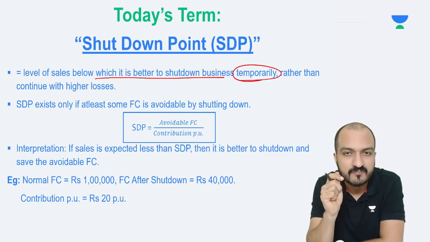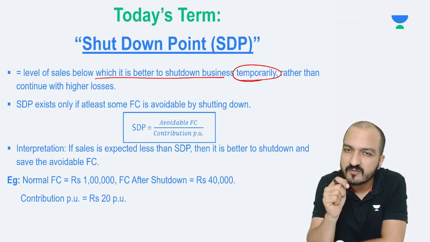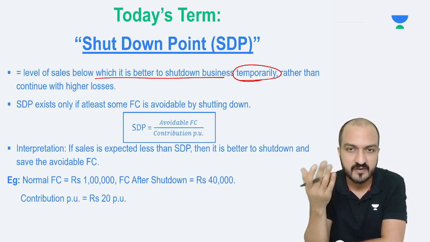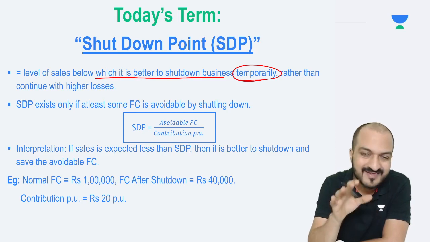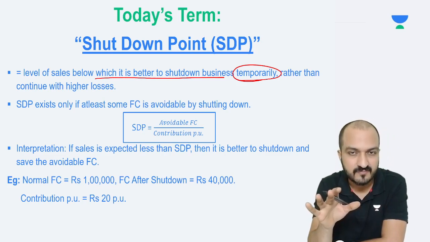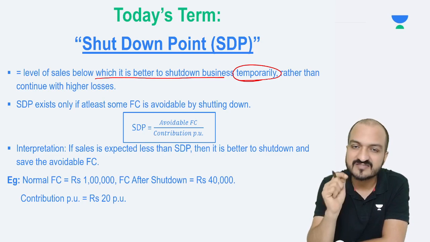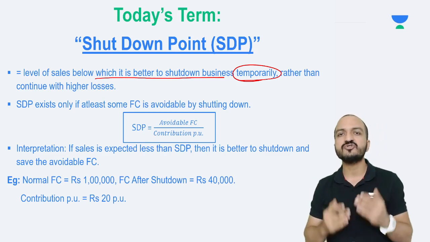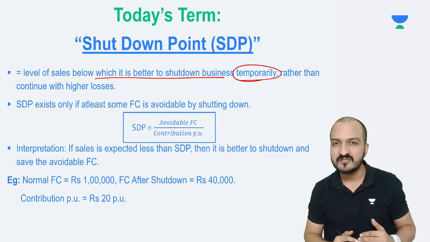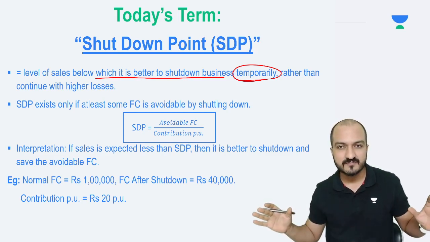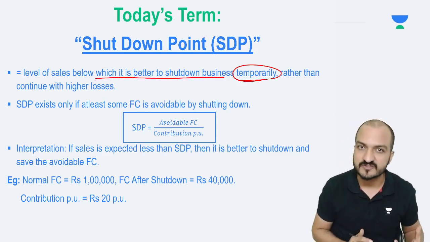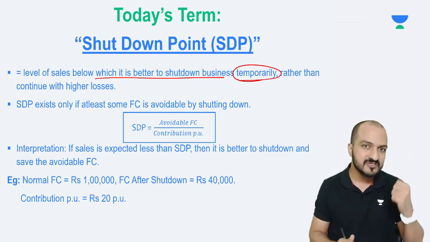Break even point. What is the interpretation of break even point? Break even point indicates that if your sales is expected less than BEP, then you will incur losses. Now, just because you're going to incur losses, does it mean you will shut down business? No, because if you shut down business, then you might incur more losses because fixed cost you will still have to bear, right?